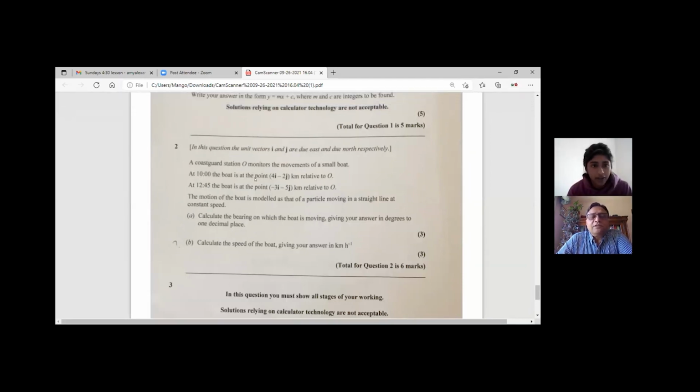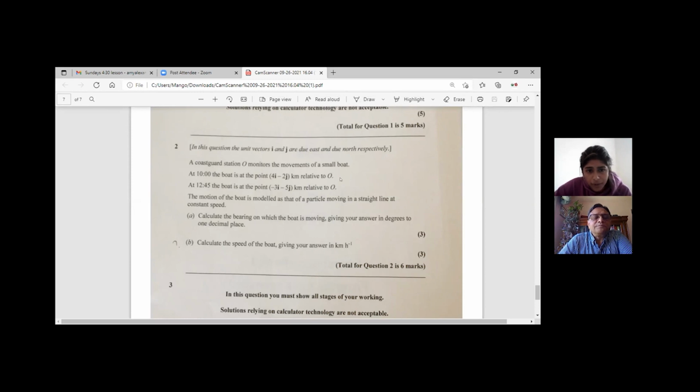Can you read the question? Yeah. A Coast Guard station monitors the movement of a small boat. At 10 o'clock, the boat is at point 4i minus 2j kilometers relative to O. At 12:45, the boat is at point minus 3i minus 5j kilometers relative to O. The motion of the boat is modeled as that of a particle moving in a straight line at a constant speed.